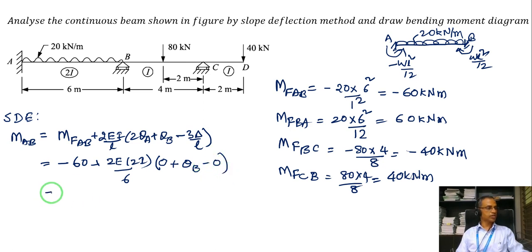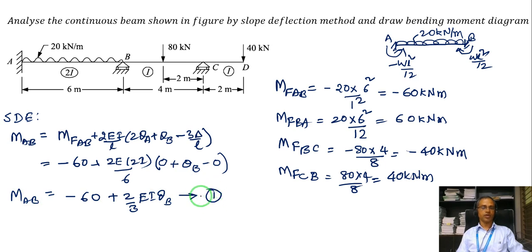So this equation will be minus 60 plus 2 by 3 EI theta B. So this is MAB. Let us call this 1. This is MAB, moment at A in the span AB.